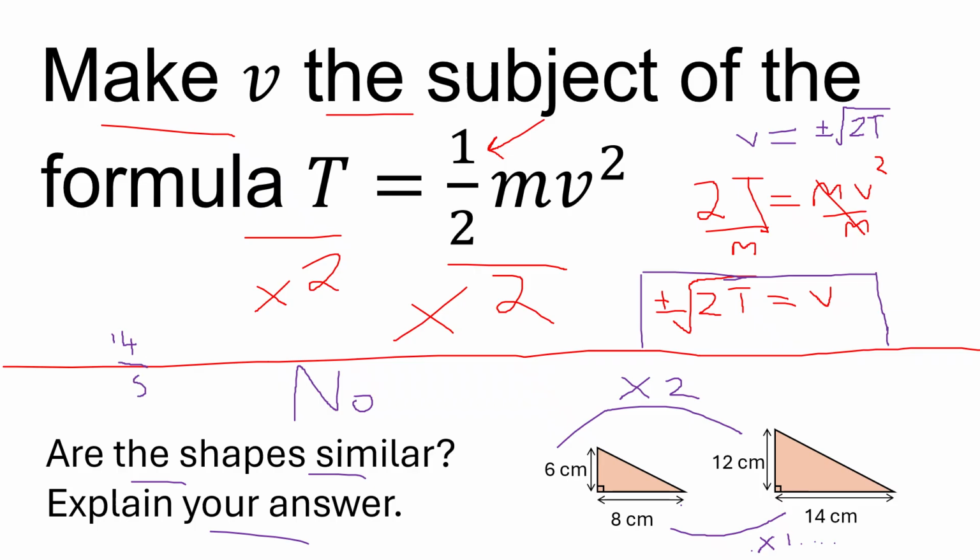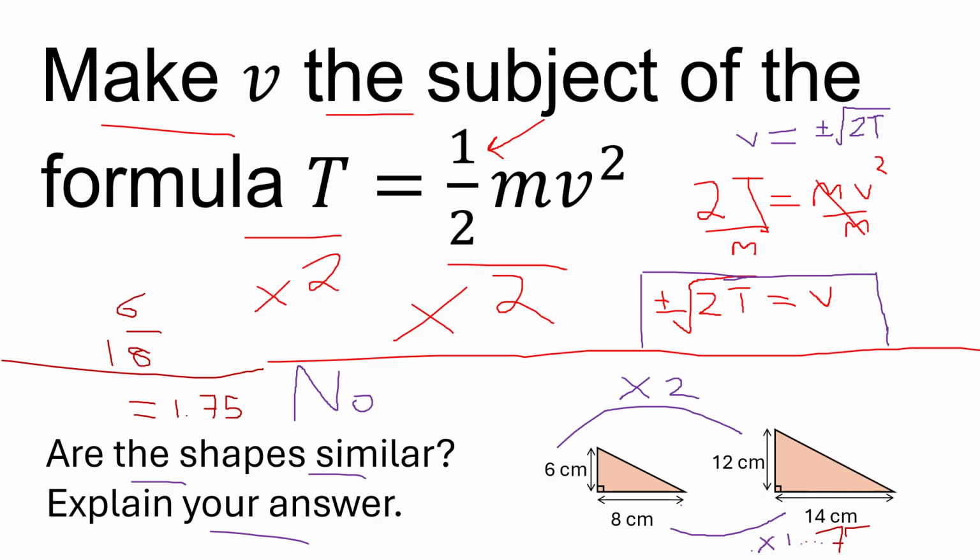Because 8 fits into 14 once with a remainder of 6, so it's 1 and 6/8, which is 1 and 3/4, which is 1.75 as a decimal. And because 1.75 is not the same as 2, they cannot be similar.